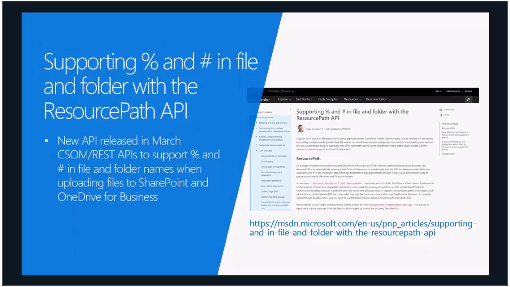There is a new guidance article available in MSDN around this one as well. If you're an ISV, or if you have a solution which is doing, for example, migrations of files, this might be something you want to have a look at. I'll paste the URL in the window as well, because that way it's much easier to find.